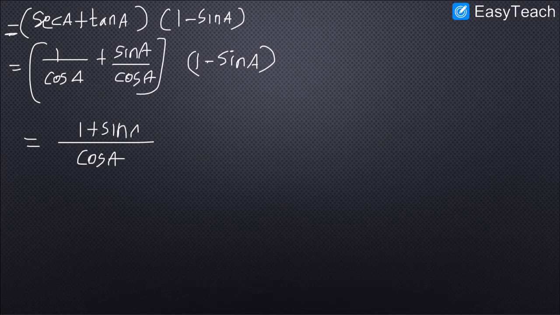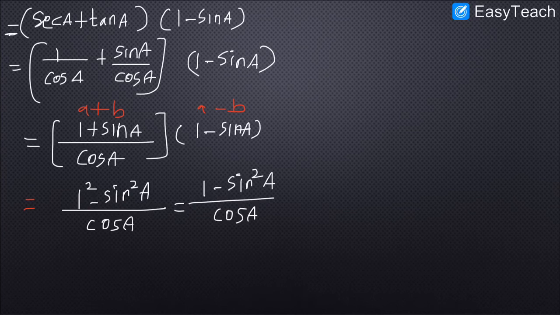So the cos A is a common term. So cos A, so I write 1 plus sin A. So 1 minus sin A. Next, so here also A plus B into A minus B. Okay, so 1 plus sin A into 1 minus sin A. The identity here we are going to use is sin square theta plus cos square theta equal 1, we know.